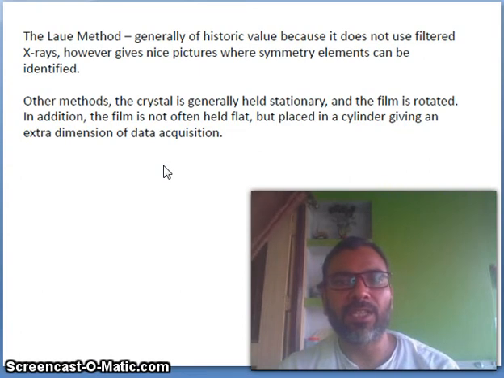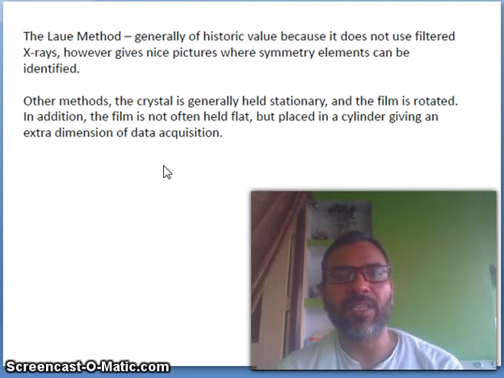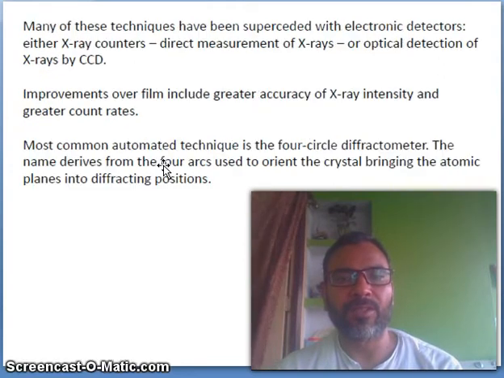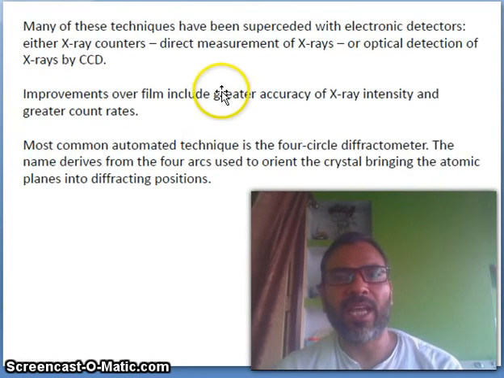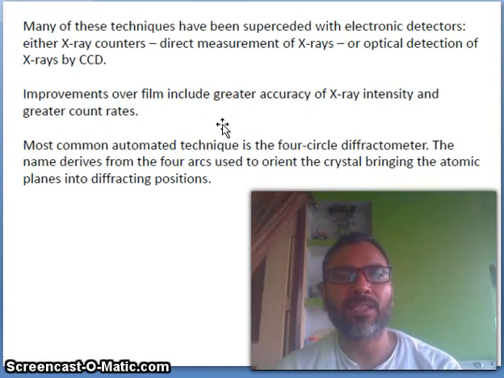In the other method, the crystal is generally held stationary and the film is rotated. In addition, the film is often not held flat but placed in a cylinder, giving an extra dimension of data aggregation. Many of these techniques have been superseded by electronic detectors, either X-ray counters, direct measures of X-rays, or optical detectors of X-rays by CCD.